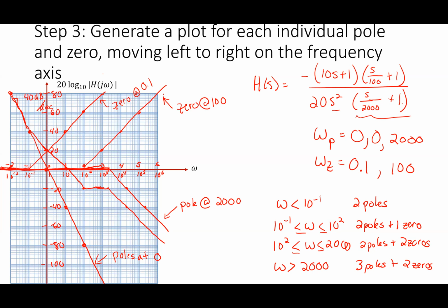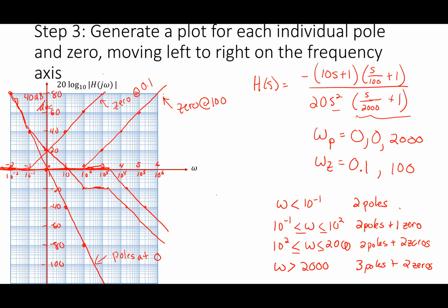So the way I kind of look at this is I know that it's either rising or falling linearly between these ranges. So if I have 2 poles, I'm falling at negative 40. Where am I gonna write this? I'm gonna write this over here.